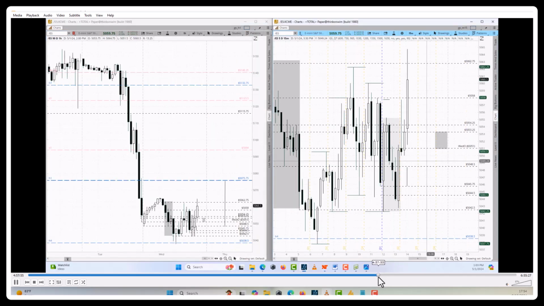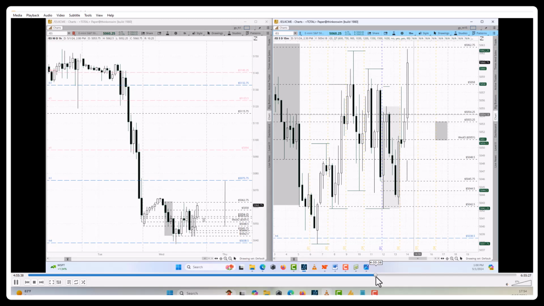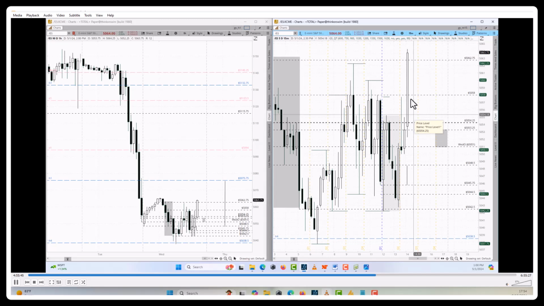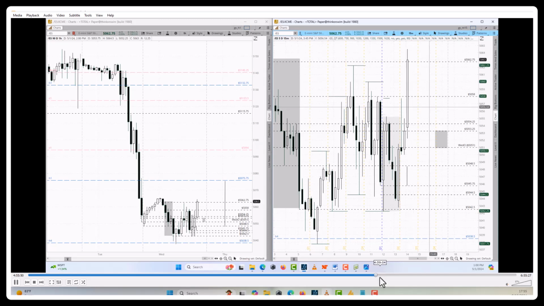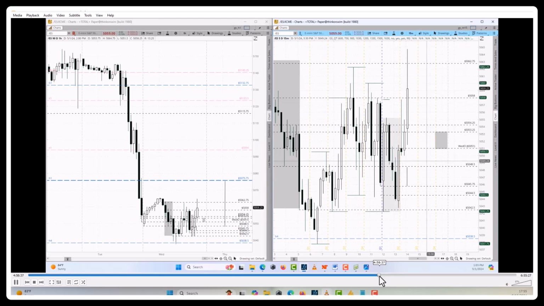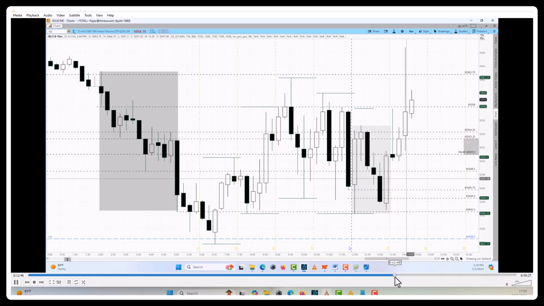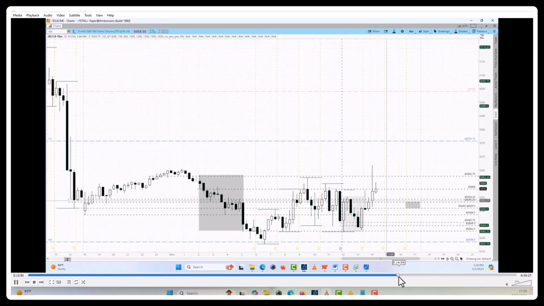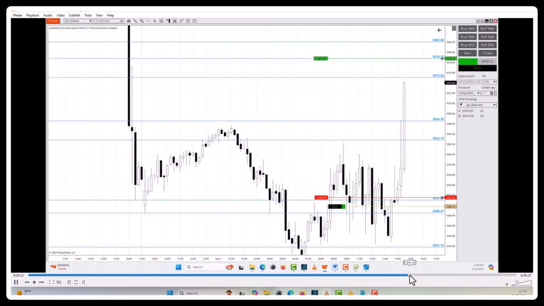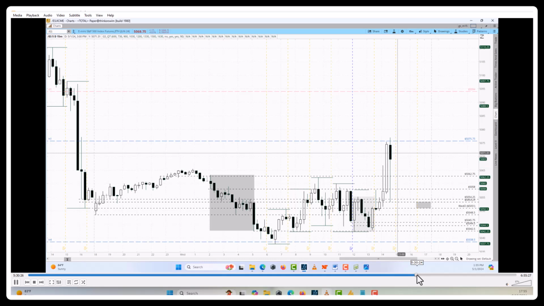So look at the 1 p.m. Central, which is 2 p.m. Eastern. You see the first move when the FOMC meeting released that they're going to keep the interest rate. The first candle, and then you see it retrace, and now the second candle, and then it starts. Yes, so it did raid the buy side.